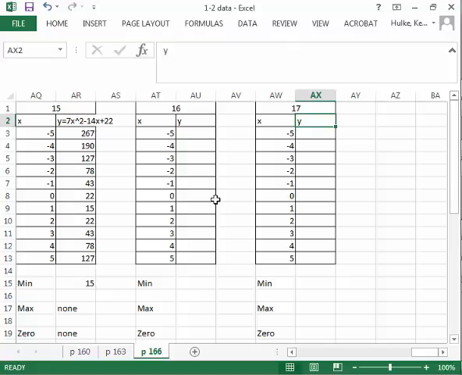Y equals 5x to the 4th plus 13x to the second minus 31. Now, that equals 5 times the x value to the 4th plus 13 times the x value to the 2nd minus 31.